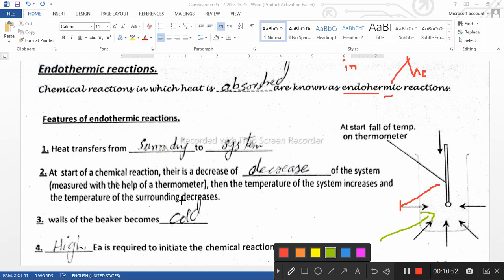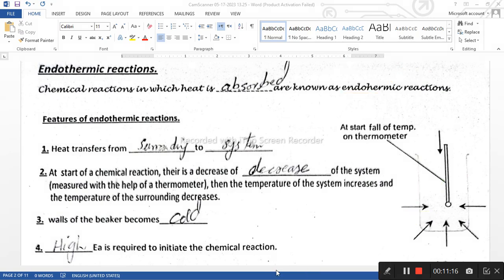And at the start there is a decrease in temperature of the system, but as the reaction proceeds, the temperature of the system starts to increase. And number 3, walls of the beaker become cold. When that heat transfers from this to here, these walls automatically become cool.